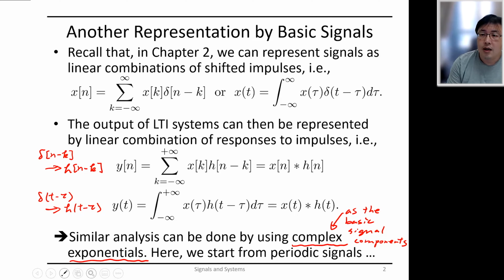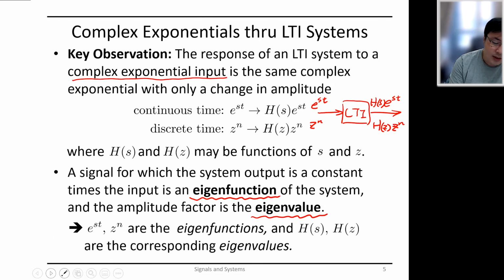Now, the main motivation for doing this is that these complex exponentials are eigenfunctions of linear time invariant systems. What I mean by that is that if you take a complex exponential as the input, then what you get at the output will also be the same complex exponential, except for a scale that depends on the parameter s.